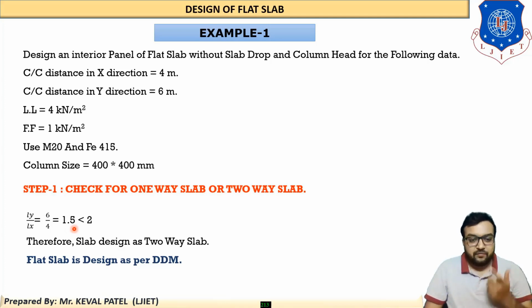So students, whenever our Ly by Lx ratio is less than 2, the slab is designed as a two-way slab. And whenever Ly by Lx is less than 2, flat slab is designed as per DDM, means direct design method.